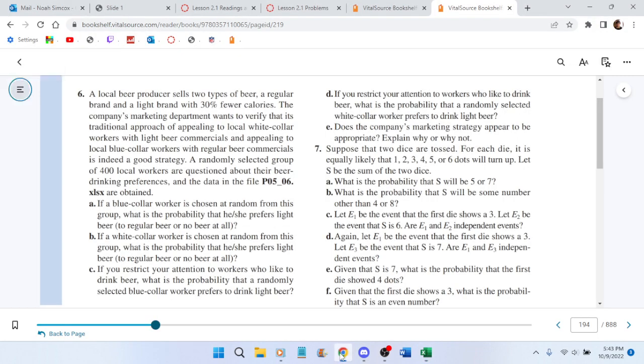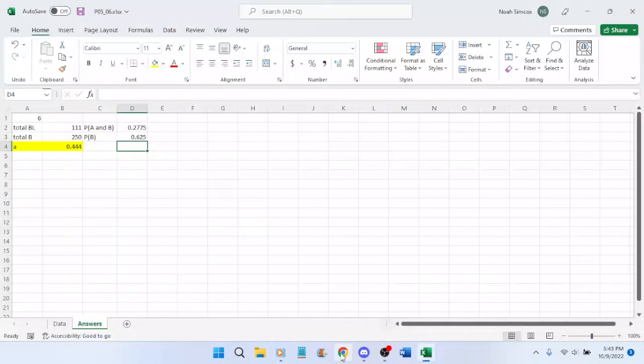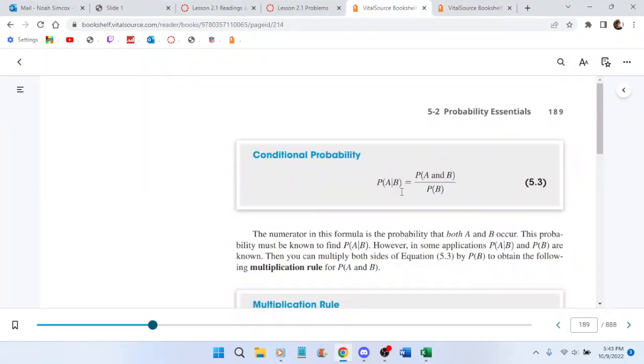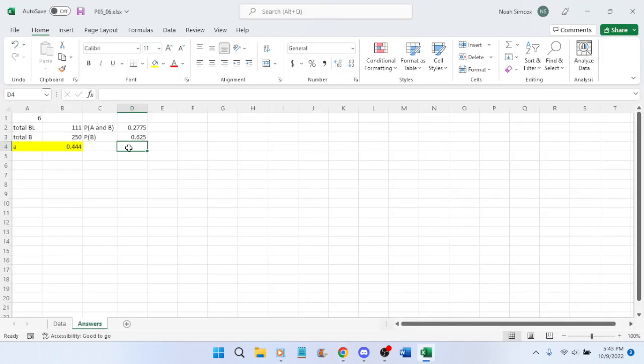So the probability of A given B is this divided by this. So this divided by this equals this divided by this. See, look, I didn't even need to do that.